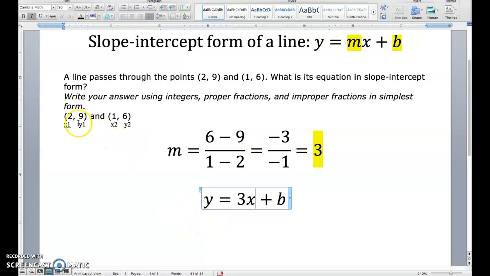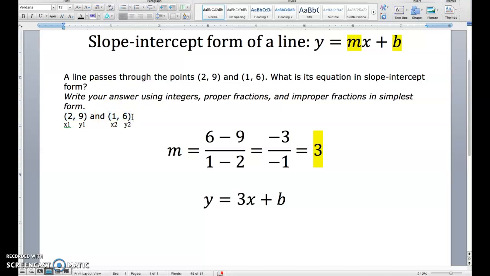I can use 2 and 9 for my x value and y value, or I can use 1 and 6. What I need to do is take an x value and y value that are paired together. It doesn't matter if I do 2, 9 or 1, 6; I would get the same result.